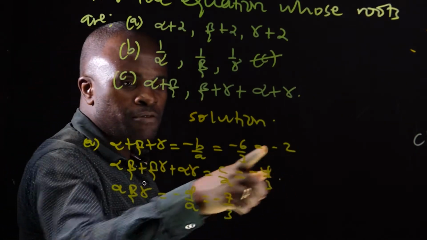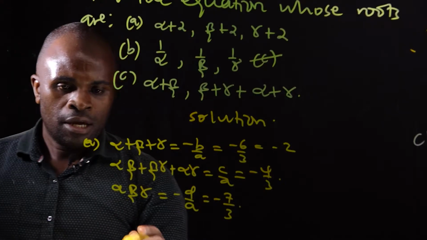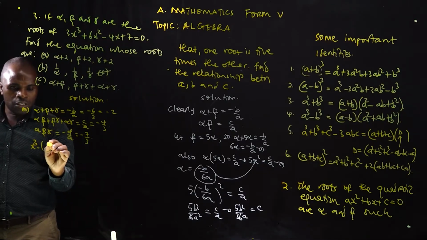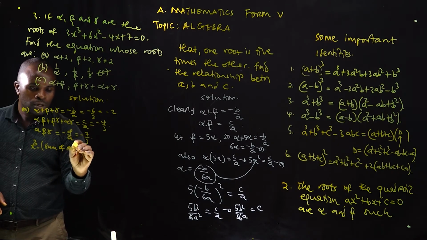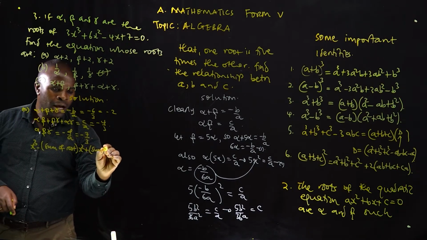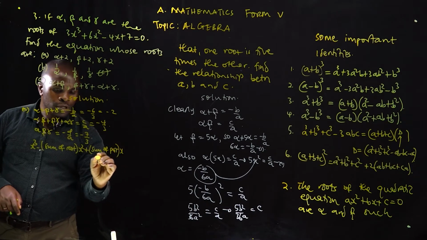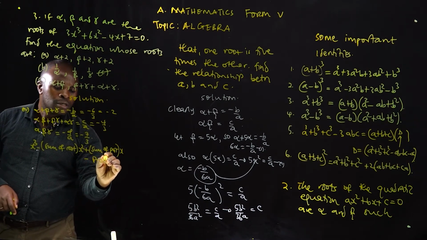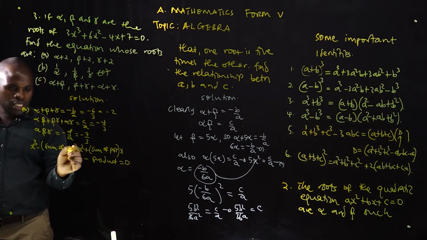With this information, we want to find the equation whose roots are these ones. We know it is always x cubed minus sum of roots x squared plus sum of pairs x minus the product of roots equals 0.